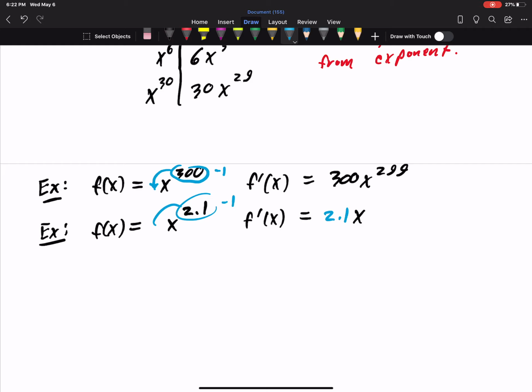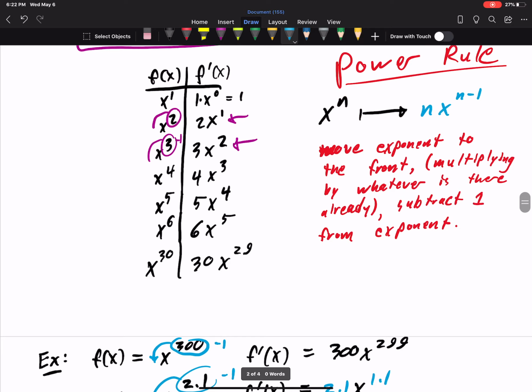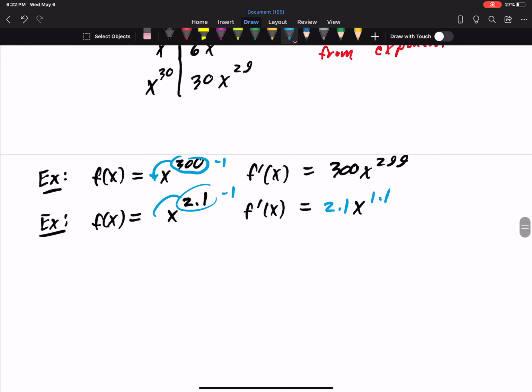So this gives you 1.1 in the exponent. Okay, and that's your final answer. No h's, no nothing ugly, just magic. Okay. So yeah, I'm not going to prove the power rule that we have above, because the generalized power rule is kind of tricky and beyond the scope of what we're trying to achieve right now.